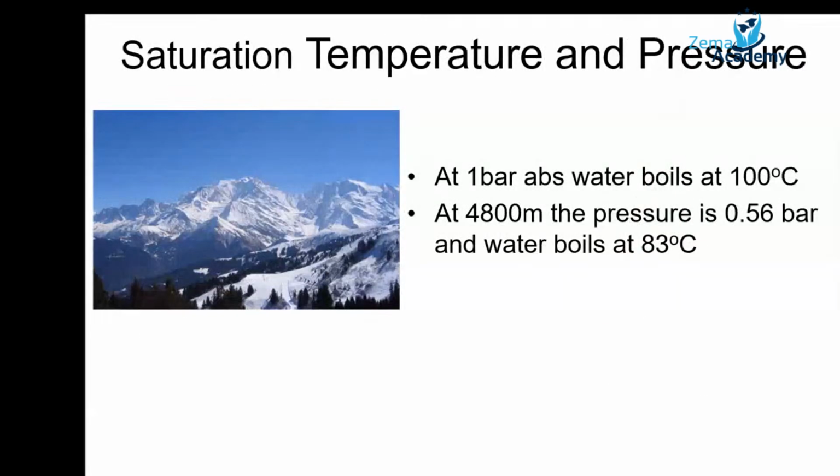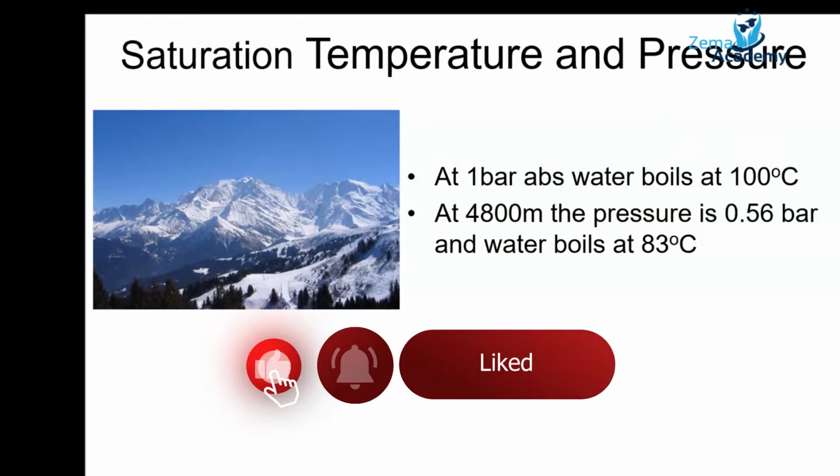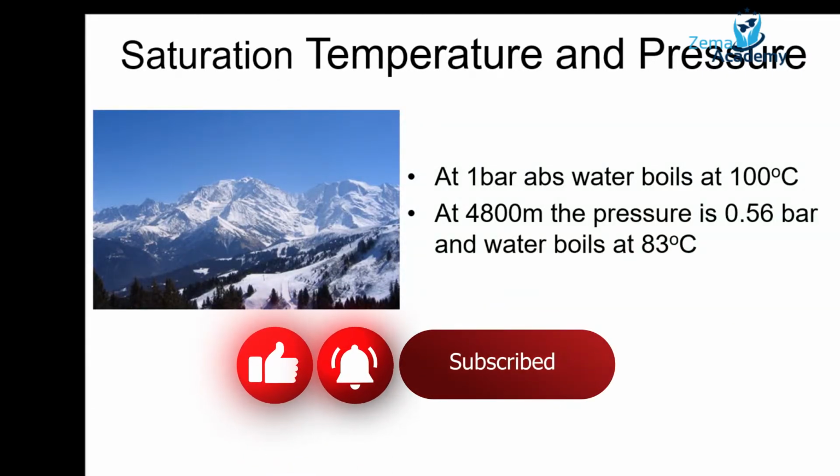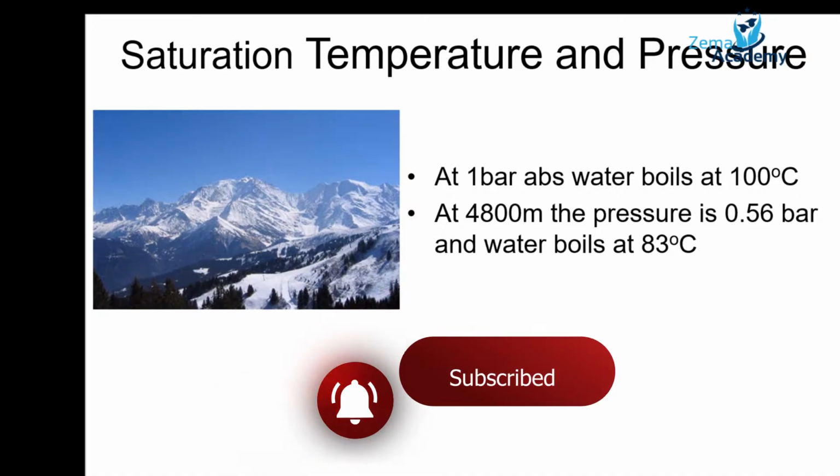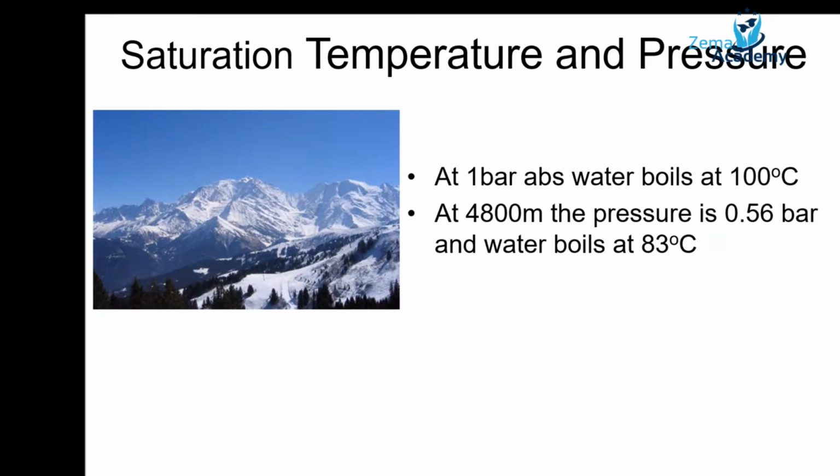For instance, if you take water and try to boil it at, let's say, 4,800 meters, at a pressure of 0.56 bar, the water boils at 83 degrees C. So as you can see, not 100, the one that we always say, depending on the pressure, water can also boil at 83 degrees C. So what I wanted to highlight here is the relationship between pressure and temperature. And that is critical in any refrigeration systems that we will look at.